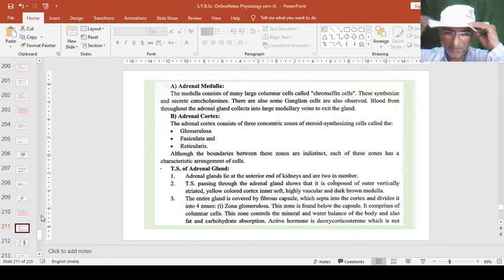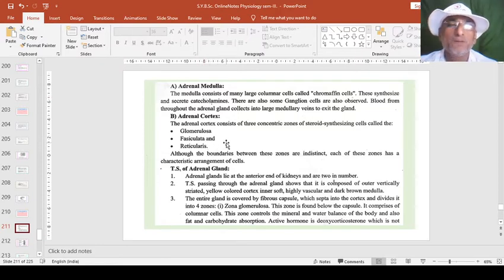So adrenal medulla, last time we have seen adrenal glands. So adrenal medulla includes the gland which is adjacent to the renal organ, that is kidney, called as adrenal gland, and adrenal medulla and adrenal cortex are the external and internal parts of the gland.